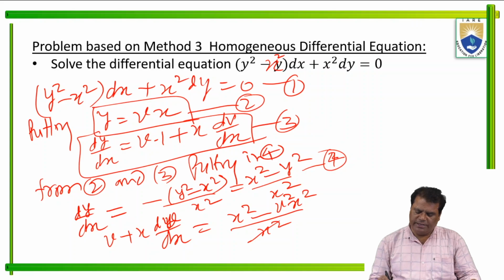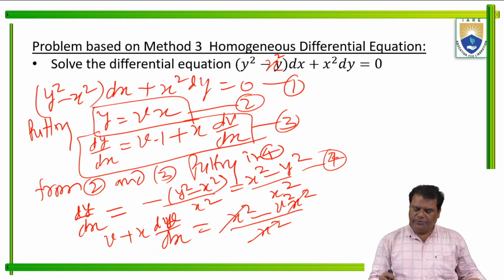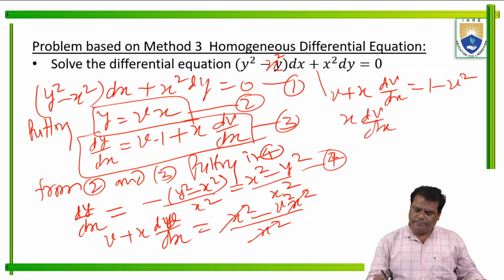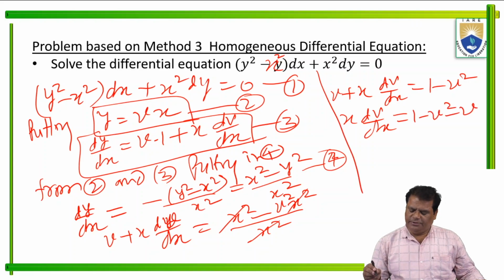The x square is cancelled, since y equals vx. So the result is v plus x dv/dx equals 1 minus v square. Taking v to this side, x dv/dx equals 1 minus v square minus v. This is equation 5.